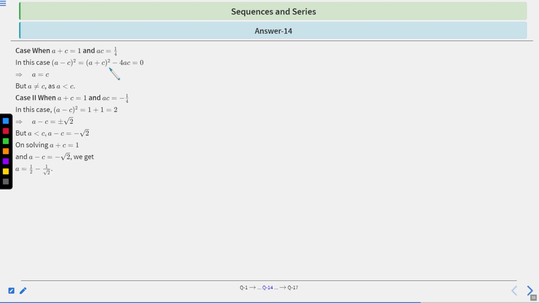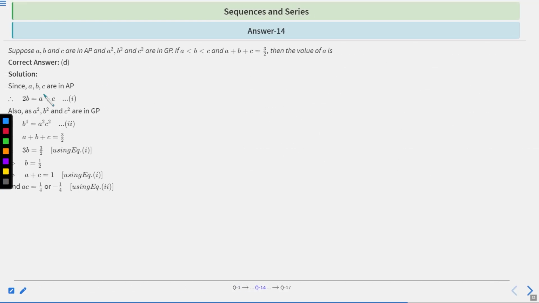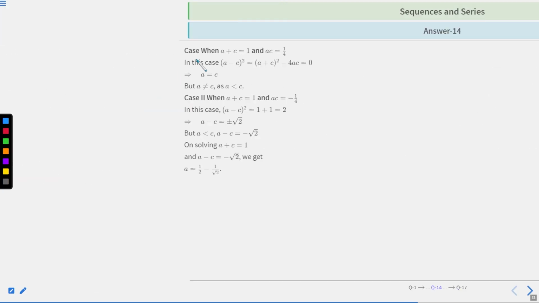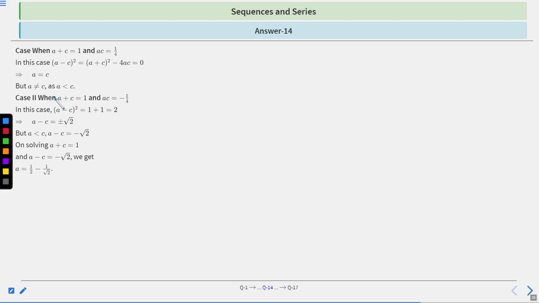So we can say that a is equal to c, but a is not equal to c, as in the question it is given that a is less than c. So case 1 contradicts the fact, so case 1 is not right.